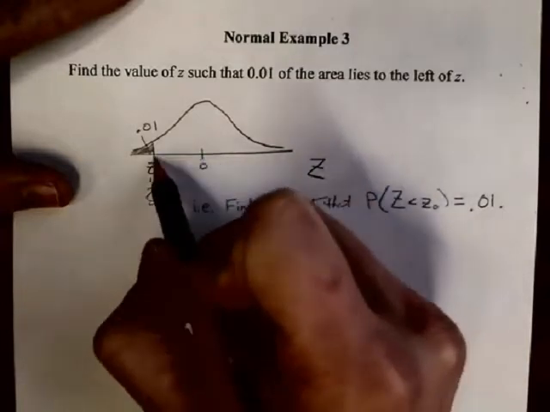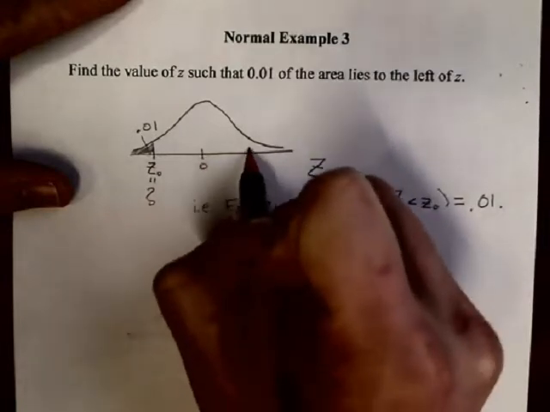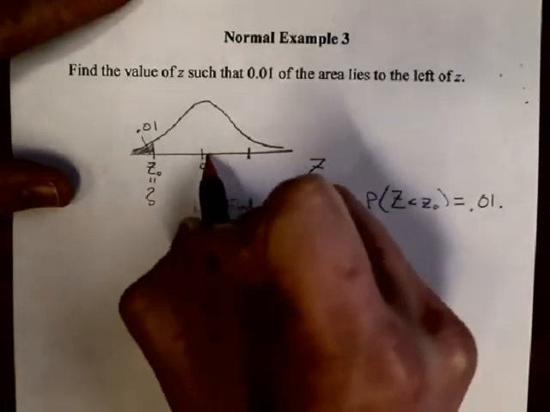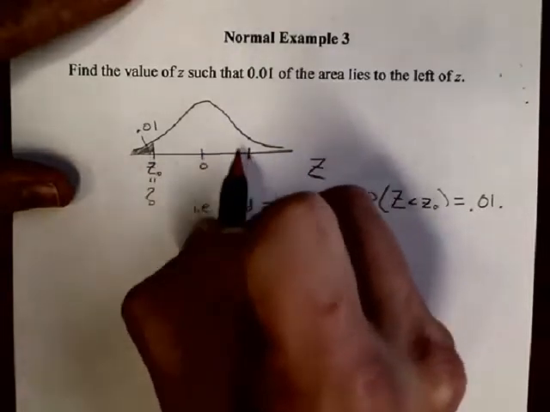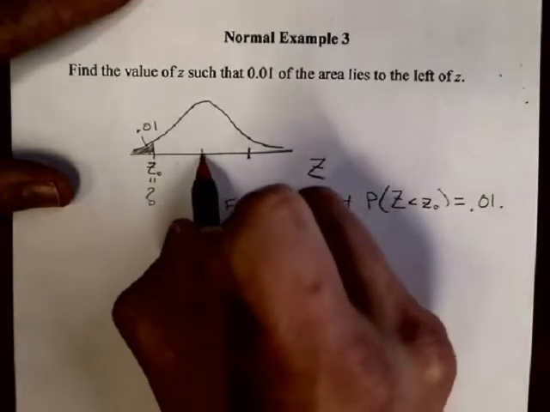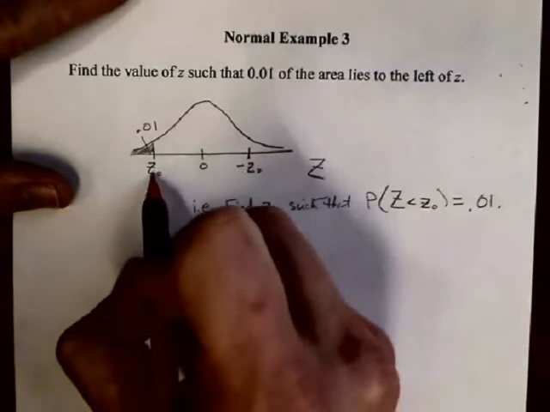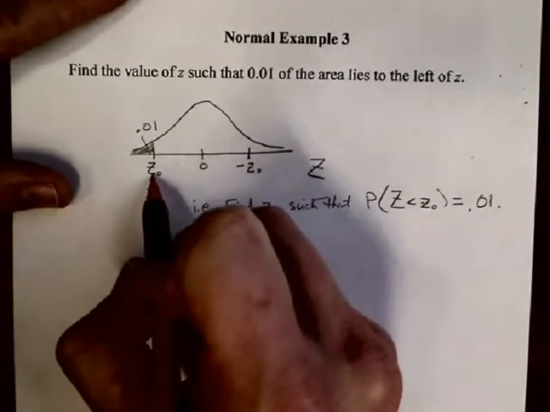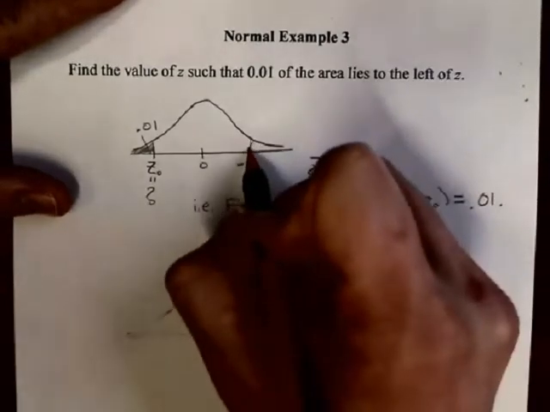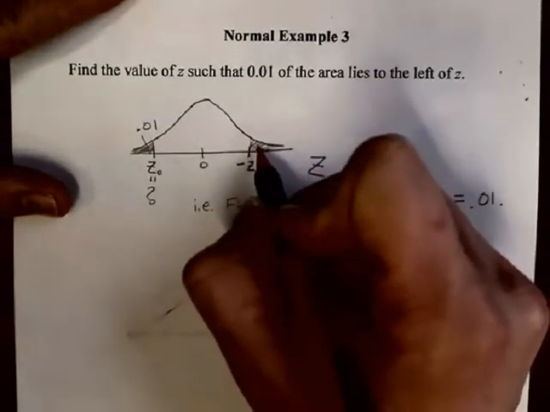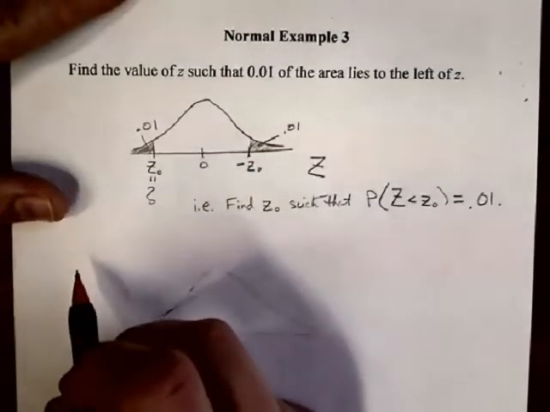So the distance from here to here is z naught, and the distance from here to another value would be the same. I shouldn't call this distance z naught. The distance from here to here would actually be negative z naught, and that's because z naught is by itself negative, so negative z naught would be positive. And it's symmetric in the sense that the area to the right of this point is 0.01, just like the area to the left of this point is 0.01.